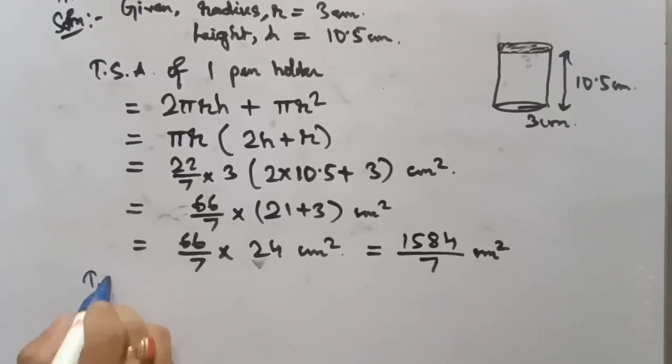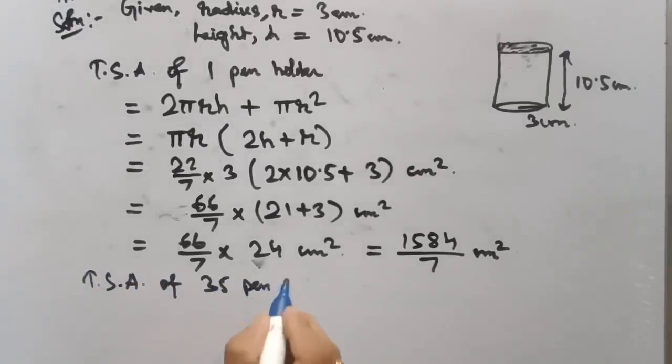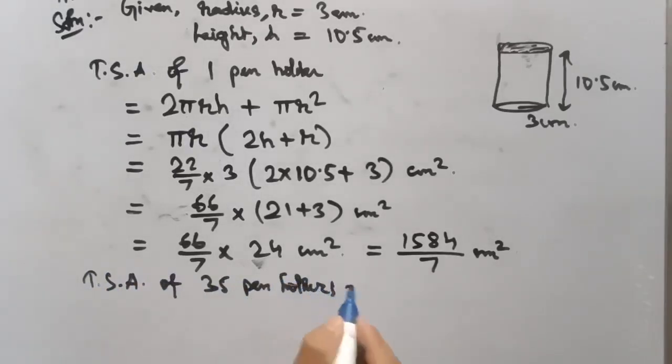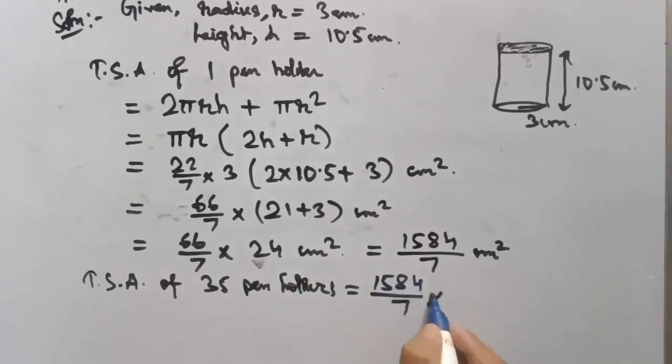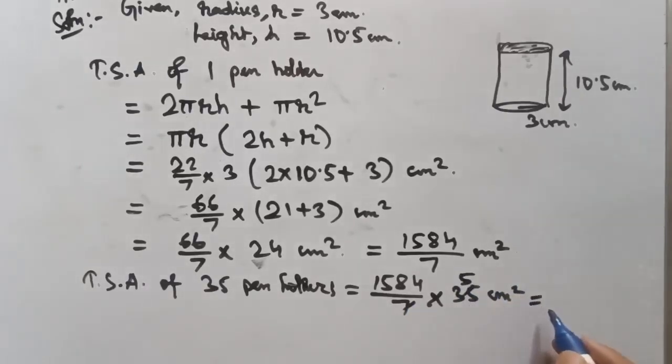So the total surface area of 35 pen holders will be equal to 1584 by 7 multiplied by 35 centimeter square. 7 fives are 35, and this will be equal to 7920 centimeter square. So the total surface area of cardboard required to be bought for the competition is 7920 centimeter square.